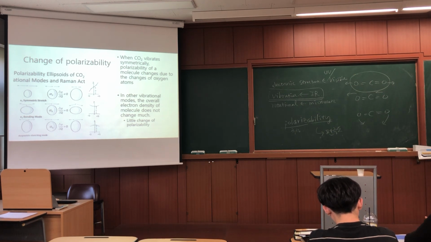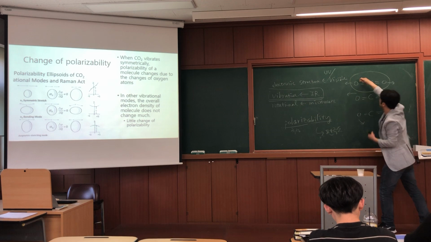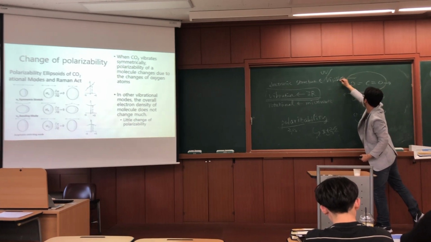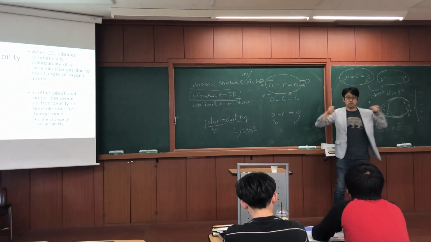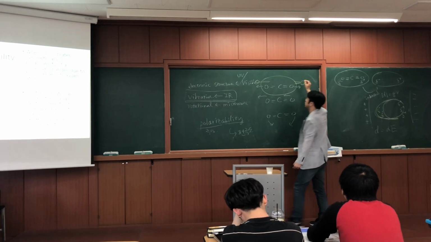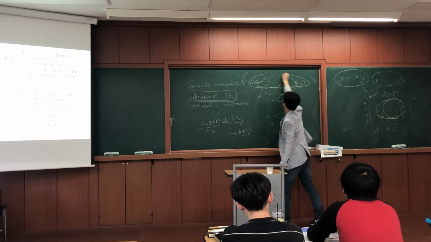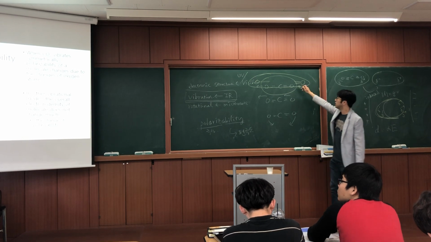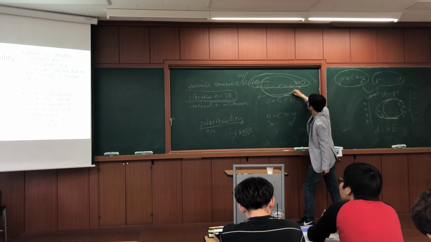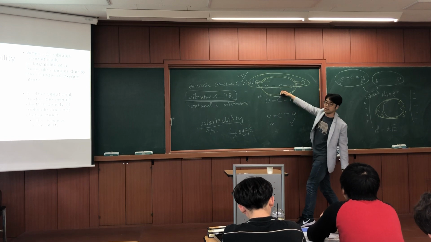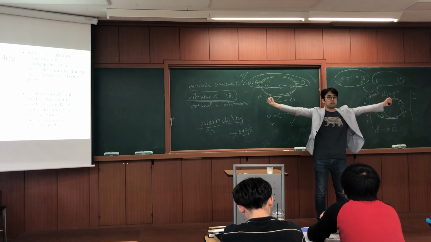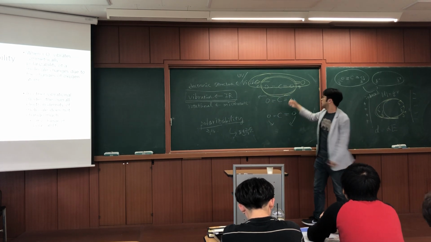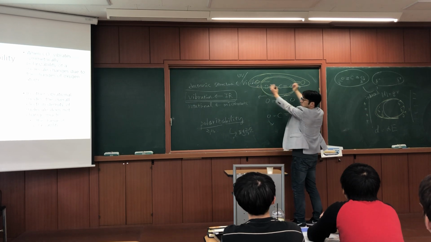So if we think about CO2, it has electron density like this, right? But as this vibrates, let's imagine that the oxygens are stretched like that, then electrons will be dispersed more, right? If we exaggerate it a little bit, at first the electron clouds will be like this, but as this stretches, as this vibrates, the electron clouds will change, right?